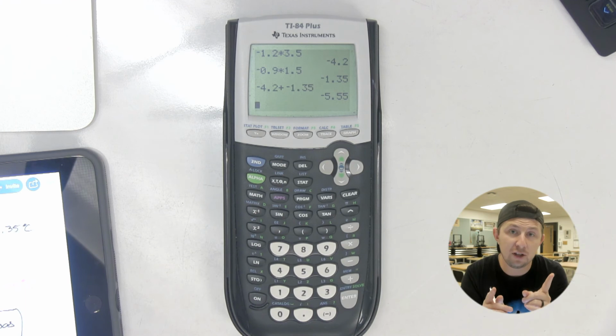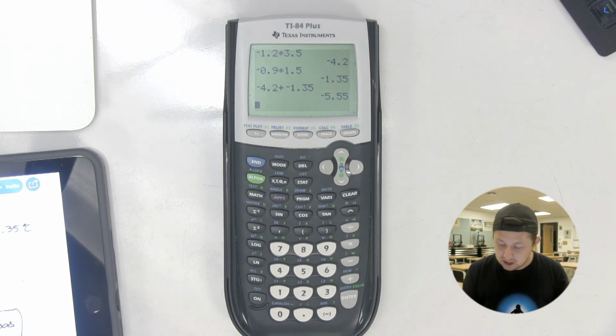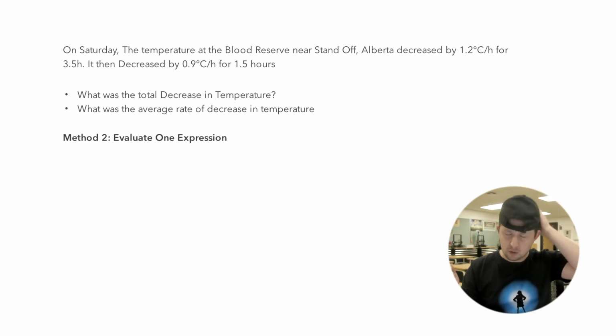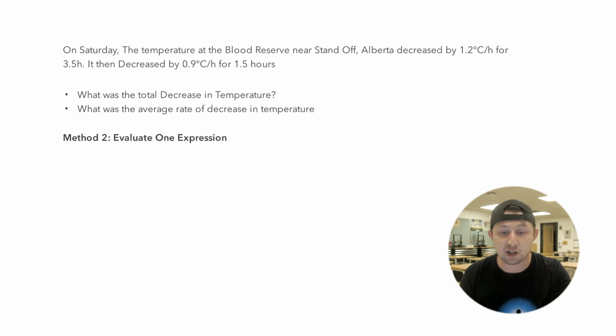I want to briefly show you what it would look like to do it the other way in just 1 step. So same question, all right? But this time, oh, you guys couldn't see me write anything there. That's too bad. Oh, well, I'll fix that. We're going to do this in just 1 expression, 1 expression to represent the whole thing.